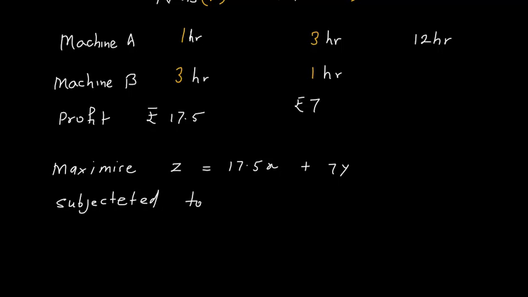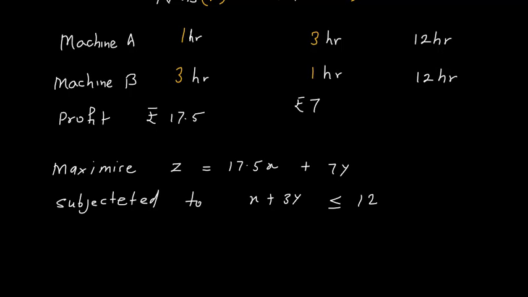First condition will be x plus 3y less than or equal to 12. So the maximum time the machines are available is 12 hours. So this is total time.